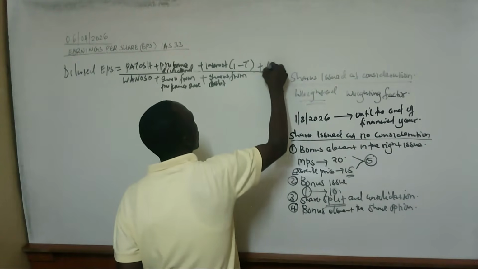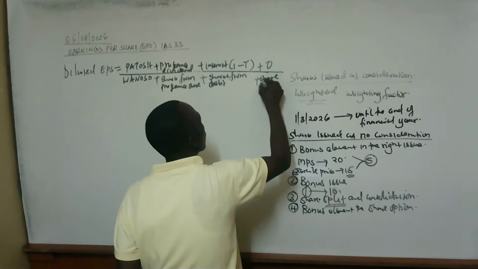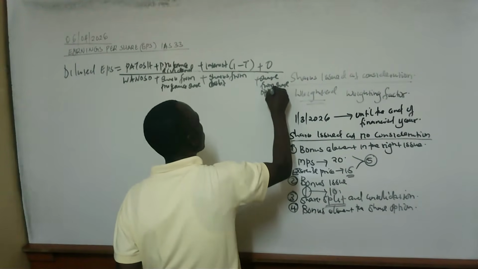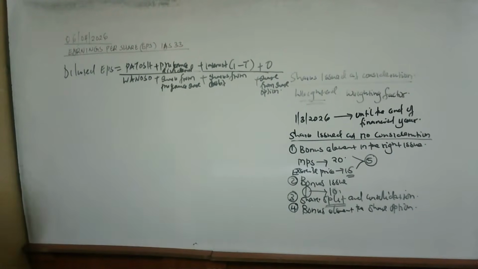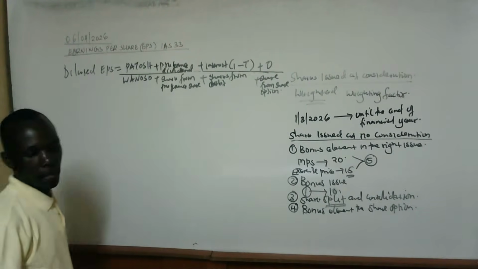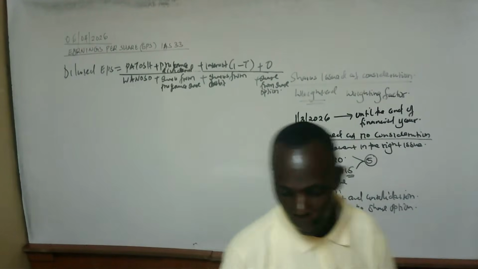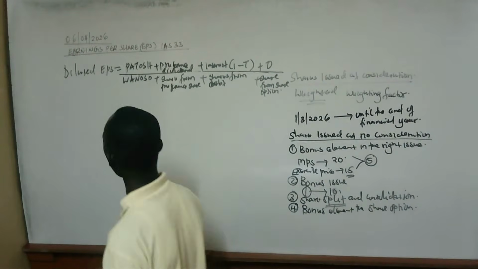And also we add the shares from share options. So in this case, that is how we get what we call the diluted EPS.